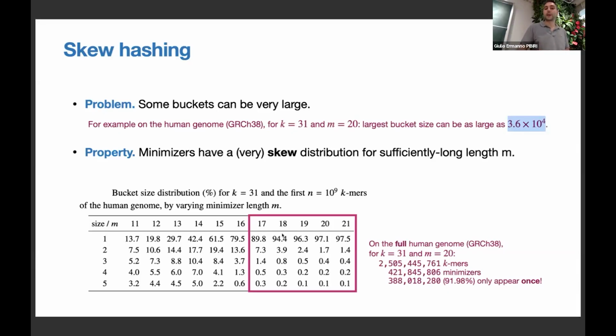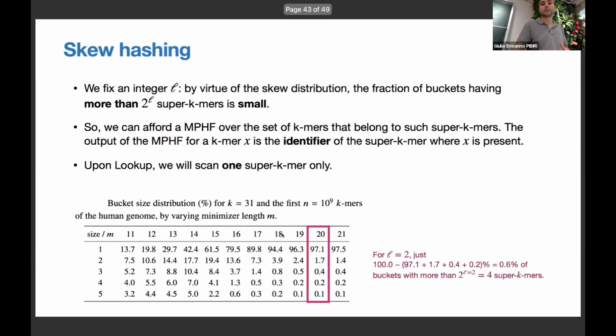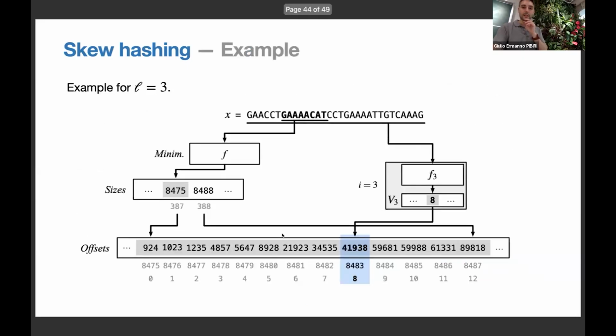So we can exploit this property to actually build another minimal perfect hash function for all the k-mers that belong to super k-mers that appear many, many times. That's the idea. This is formally what we do, but again, it's not important to go through this. Maybe I can directly comment on this example, which shows skew hashing.